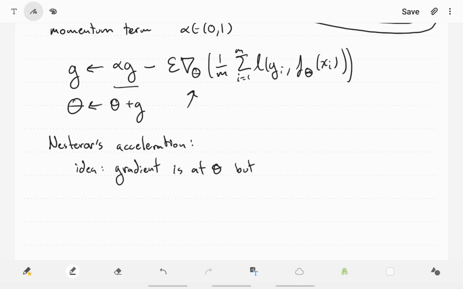And so why don't we, instead of taking this gradient at theta, take it at this theta plus alpha G. So this is applied to theta plus alpha times G.